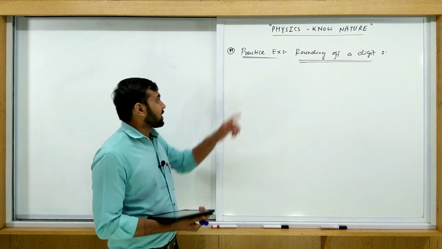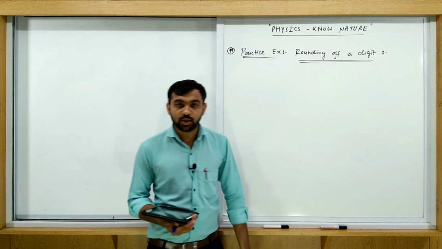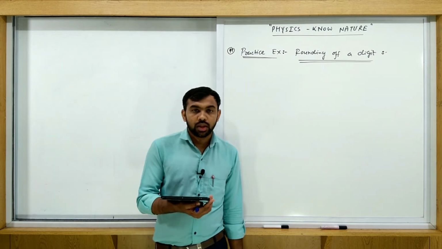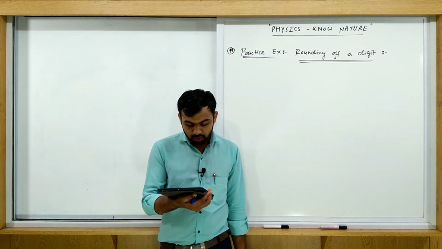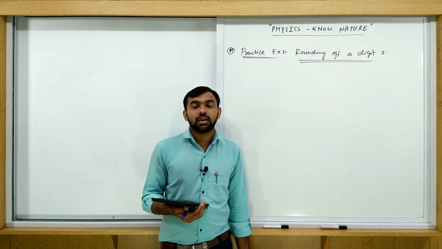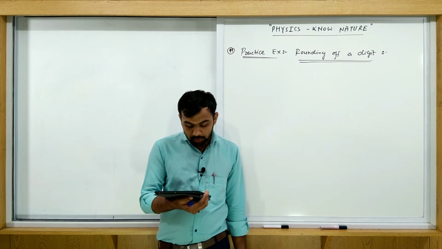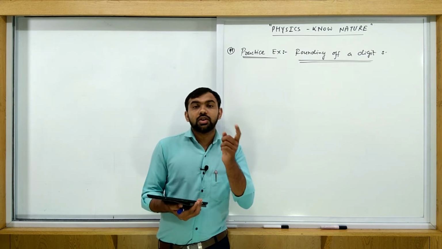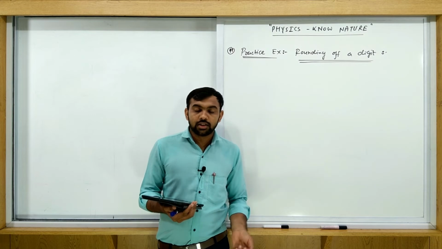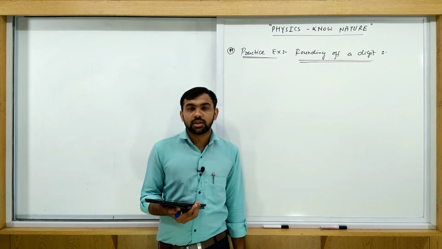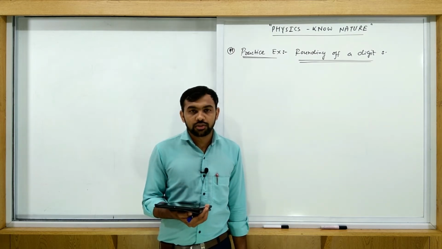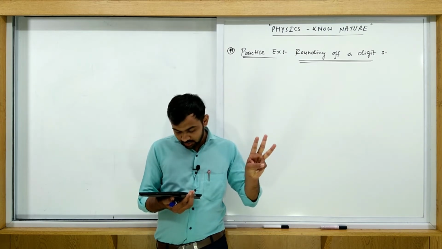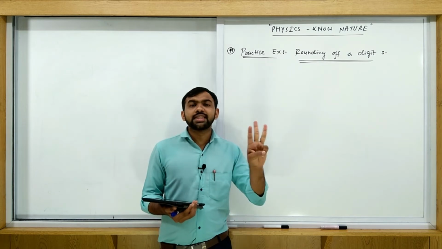Okay guys, let us solve some examples which are based on rounding of a digit. Write down the first problem statement. Write the rounding of all given numbers up to 3 significant digits.